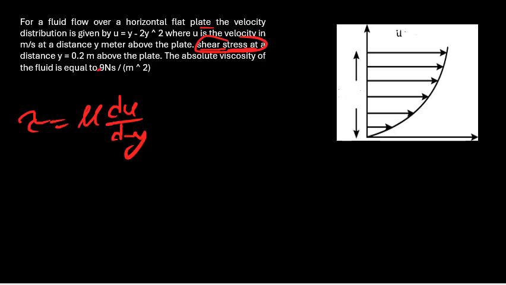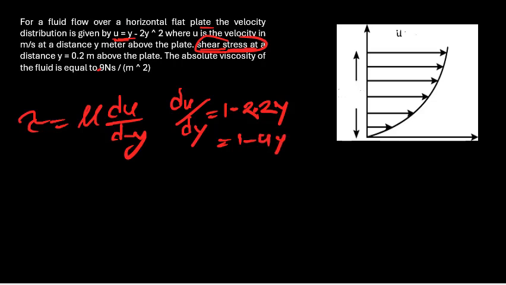Here we don't know the velocity gradient, but we know this equation, and we take the derivative with respect to y. That gives 1 minus 2 into 2y, that means 1 minus 4y, and here we put y equal to 0.2 meter as given.